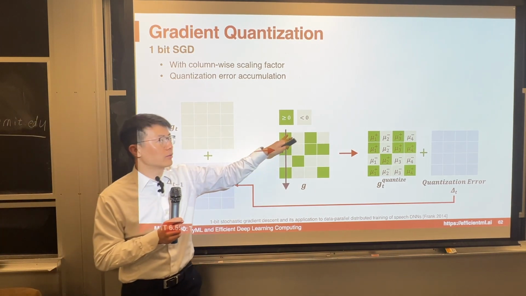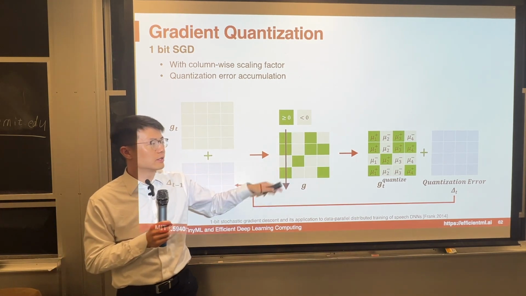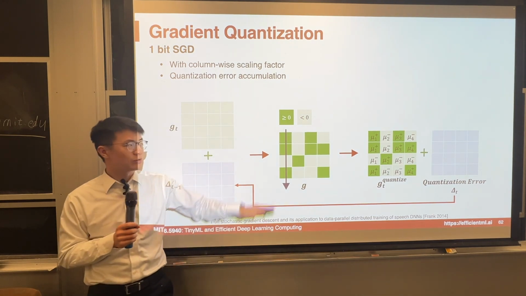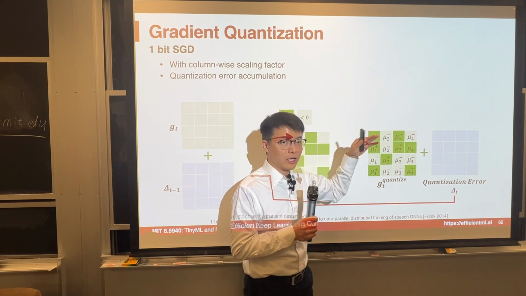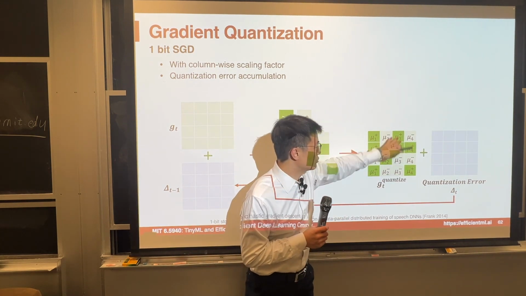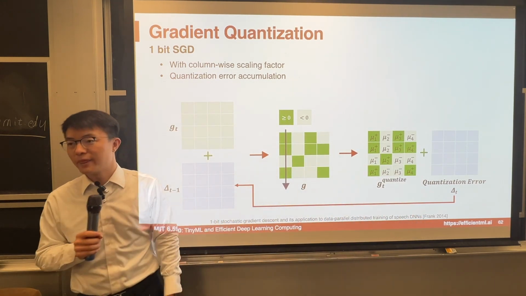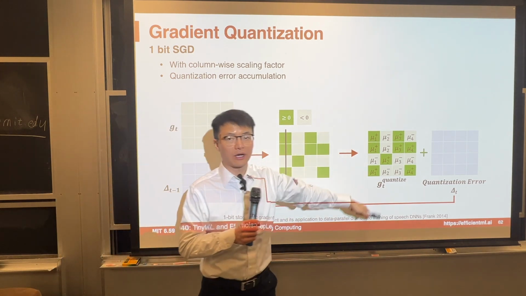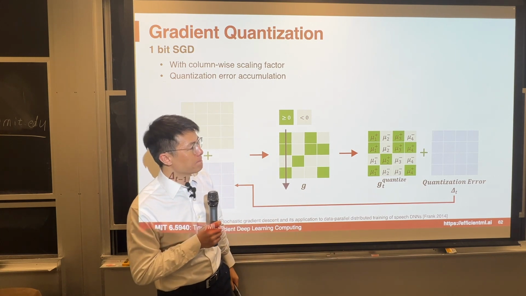Okay? So we can compare with the threshold 0. If it's larger than 0, then it's positive. If it is smaller than 0, then it's negative. So it's binarized in this way. Then we can add another scaling factor for each column, mu1, mu2, mu3, mu4. They can be 32-bit, full precision, but the overhead is amortized across the entire matrix, so the overhead is much smaller.